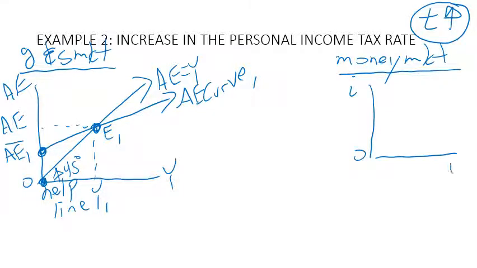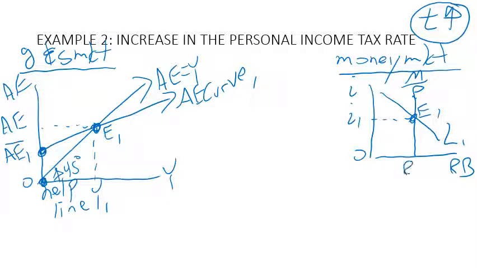Interest rate, real balances, real money supply, M over P, and L. Right? L1. Okay. With the appropriate equilibrium interest rate, and the equilibrium real balances level, RB1. Right? And here we have the ISLM diagram.